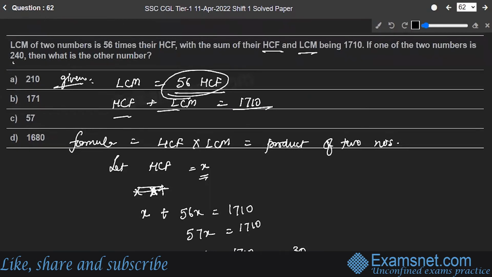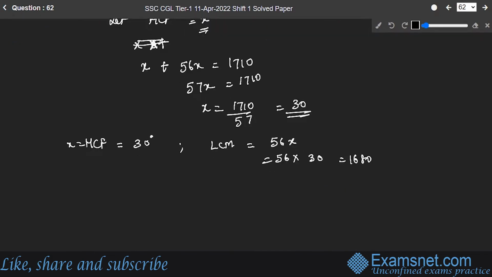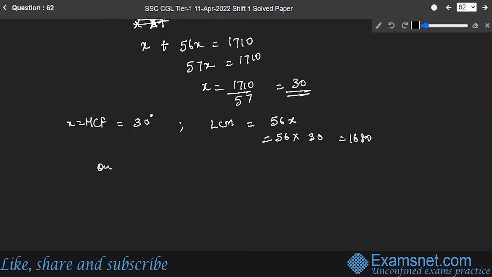Okay. And what else you are given? One of the two numbers is 240. Let's write, one number is equal to 240. Another number is equal to A. Let's assume. So according to the question, product of HCF and LCM, sorry, this is not 30 degree, this is 30 only. I was continuing the last question.